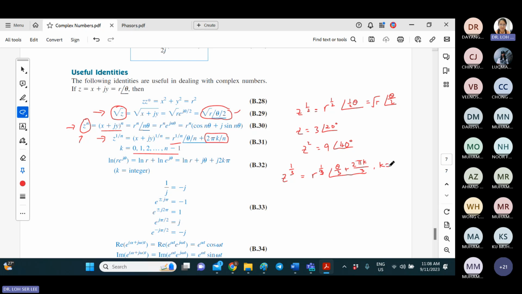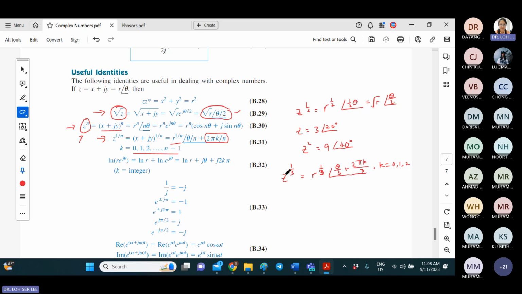And your k is starting from 0 up to n minus 1. So you start from 0, 1, 2. It ends at 2 because n minus 1, your n is 3, so 3 minus 1 is 2.